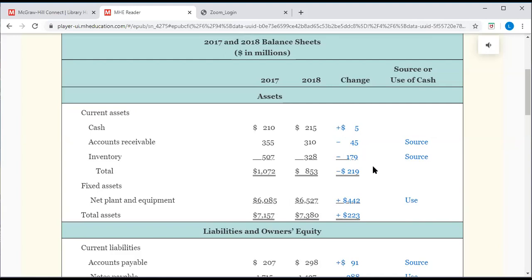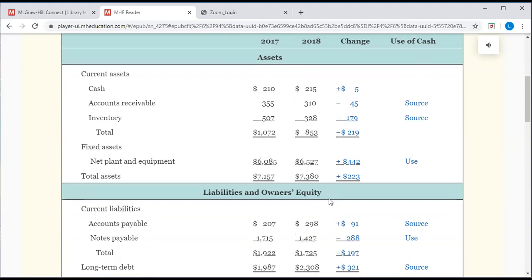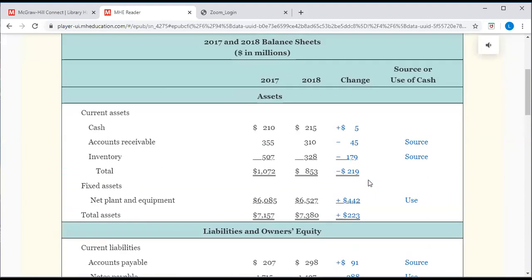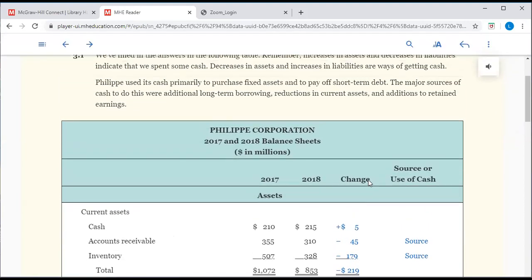So our sources of cash, 224, but then we also have a source related to accounts payable. So working capital wise, we increased cash.